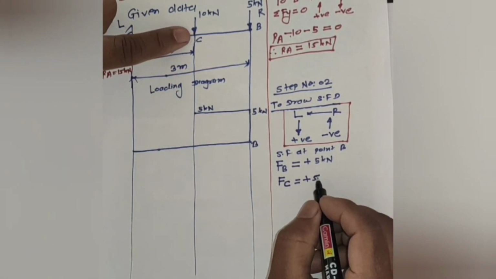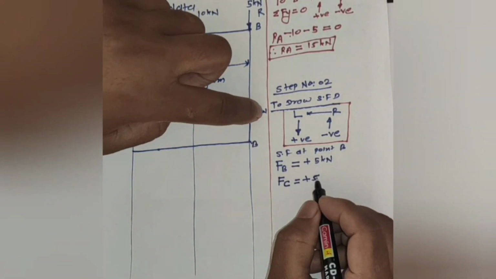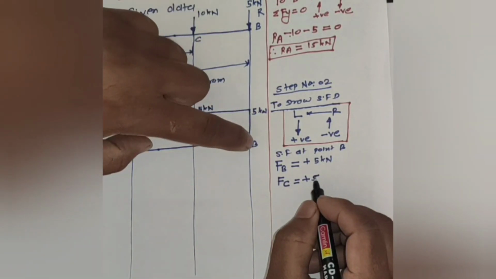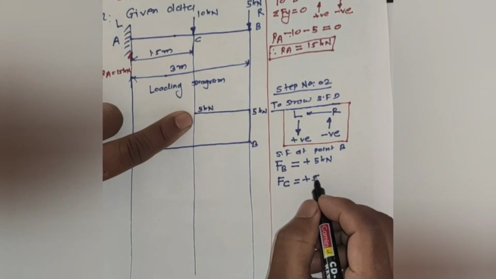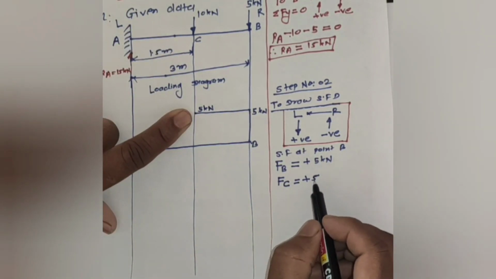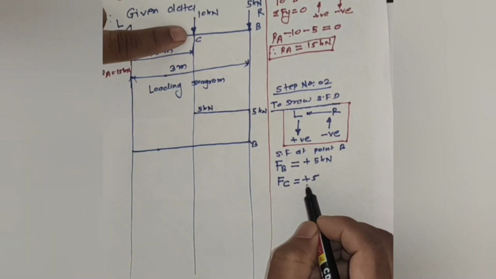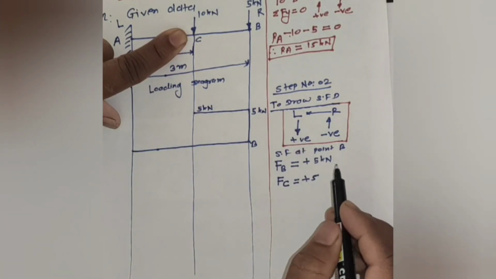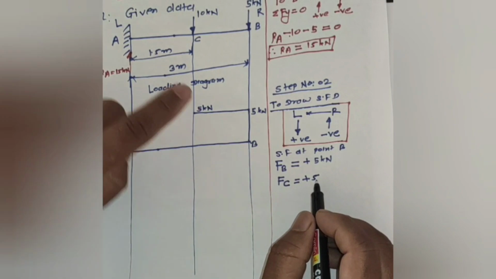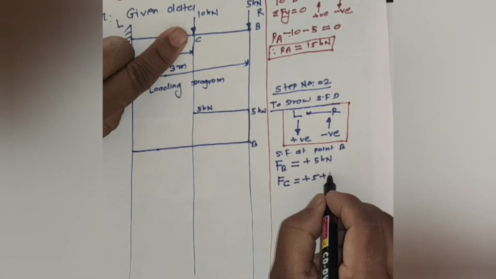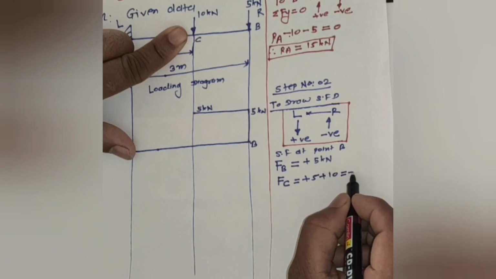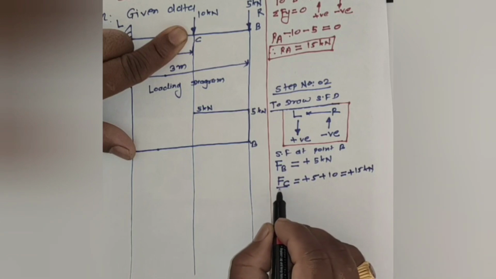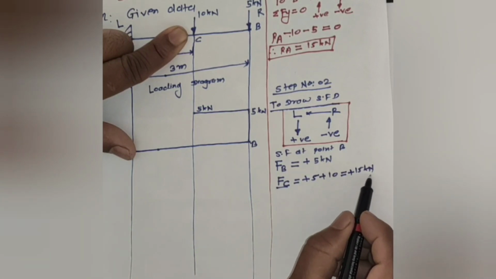Suppose you have to calculate the shear force at point C. You have to carry the previous shear force, that is 5 kilonewton, from B to C. At point C, this previous plus 5, and again there is another point load that goes downward, plus 10. So 5 plus 10, that is total 15 kilonewton, and shear force at point C is 15 kilonewton.